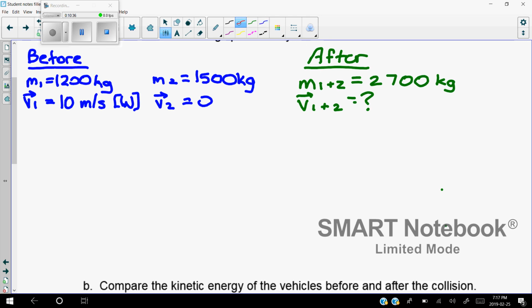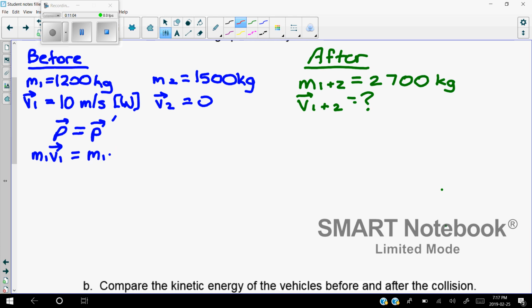So in all situations, we know that the momentum before is going to be equal to our momentum after. And then we just have to consider what is happening before. So the only momentum we have before in this situation is our first vehicle. So M1 V1. And the only momentum that we have after is the objects traveling together.